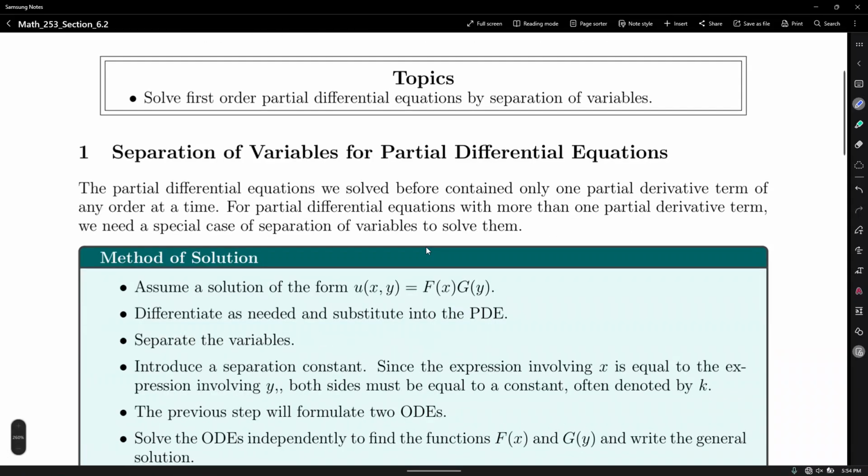How does it work? First of all, you have to assume a solution of the form u of x, y equals the product of two functions, a function of x and a function of y. And if for whatever reason you have, say, a PDE involving x and t, assume a solution u of x, t equals some f of x times g of t.